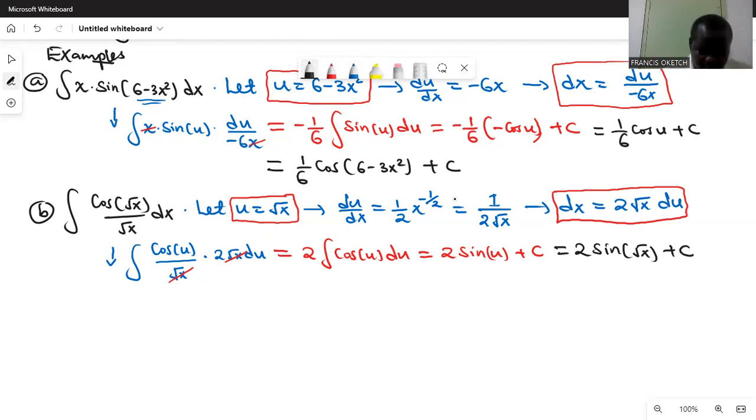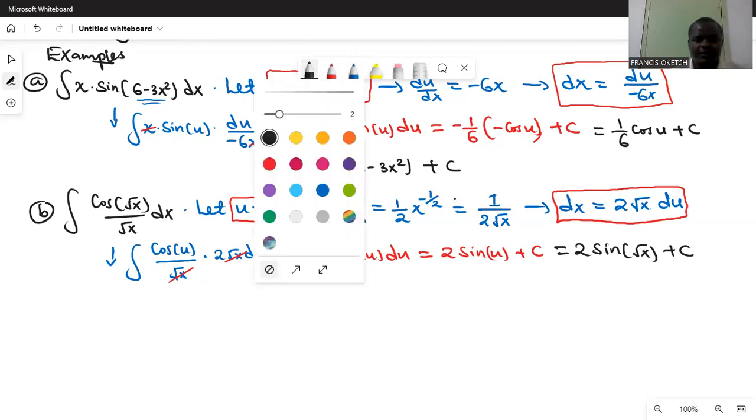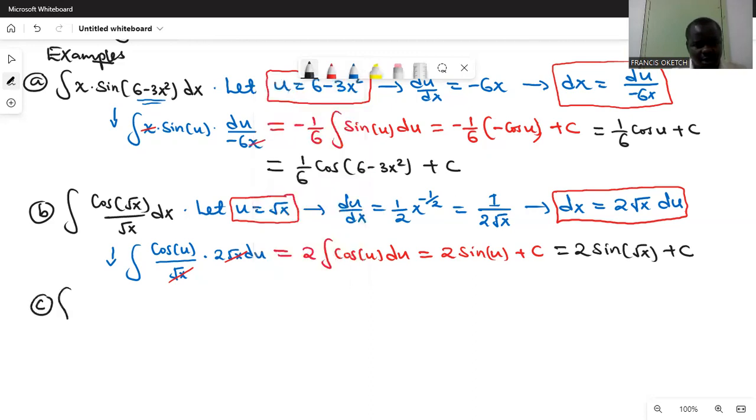Another example, in part C, you are asked to evaluate the integral of sec squared of 7x minus 1 dx. So what do we do here? We say let u be equal to 7x minus 1.